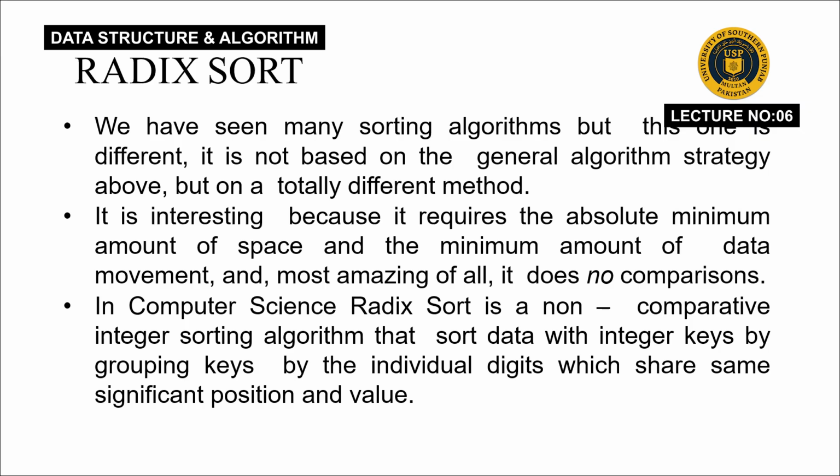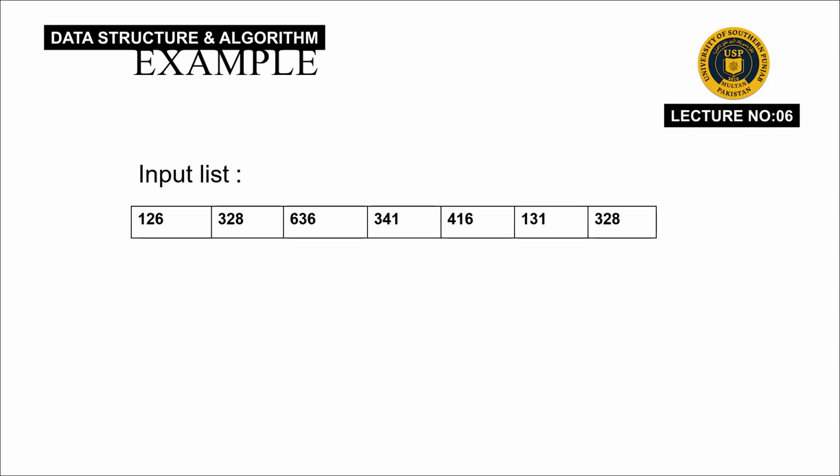In computer science, radix sort is a non-comparative integer sorting algorithm that sorts data with integer keys by grouping keys by the individual digits which share the same significance, position, and value.